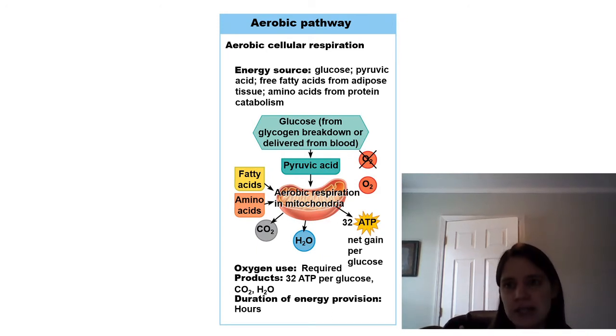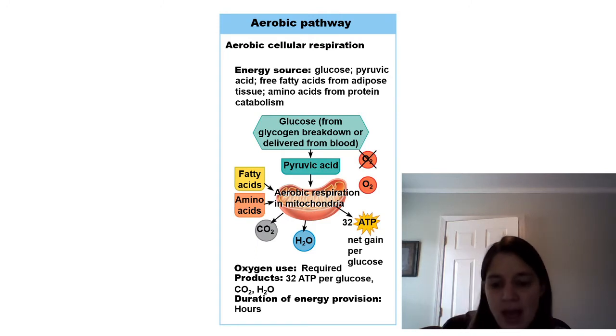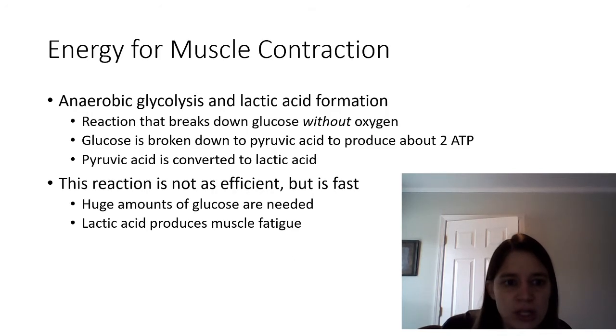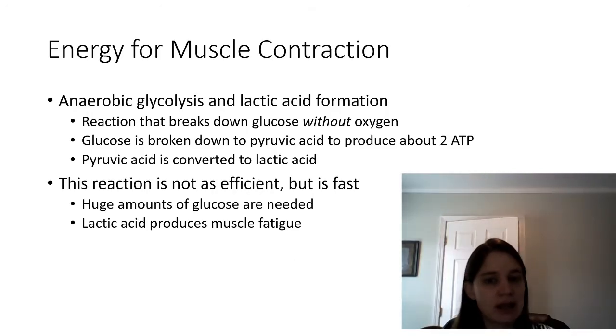You could imagine some scenario where you don't have the oxygen, or you need ATP really quickly, but you've already burned through your creatine phosphate, and now you're kind of in this weird middle zone. And that is where, fortunately, anaerobic glycolysis comes in. So this reaction's not very efficient.